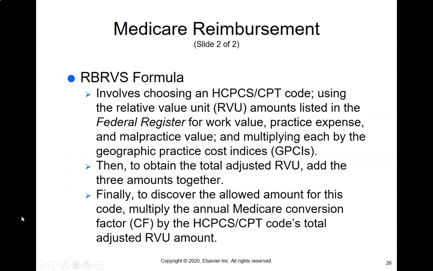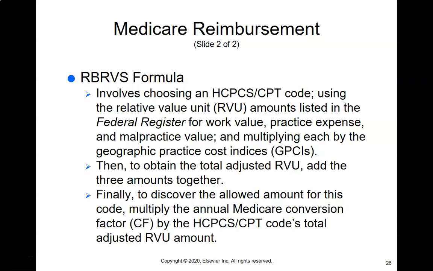The RBRVS formula. The RBRVS is designed to create fair reimbursement. It involves choosing a HCPCS or CPT code, using the relative value unit, the RVU amounts listed in the Federal Register for work value, practice expense, and malpractice value, and multiplying each by the geographic practice cost indices, the GPCIs.